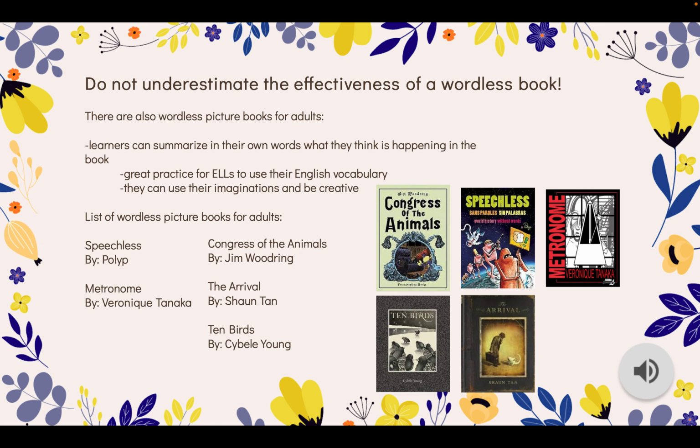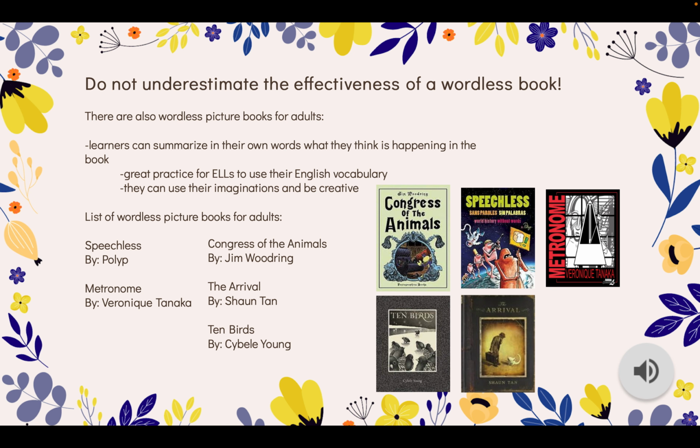Extra, extra, read all about it. Do not underestimate the effectiveness of a wordless book. There are also wordless picture books for adults. Learners can summarize in their own words what they think is happening in the book. This is great practice for ELLs to use their English vocabulary.